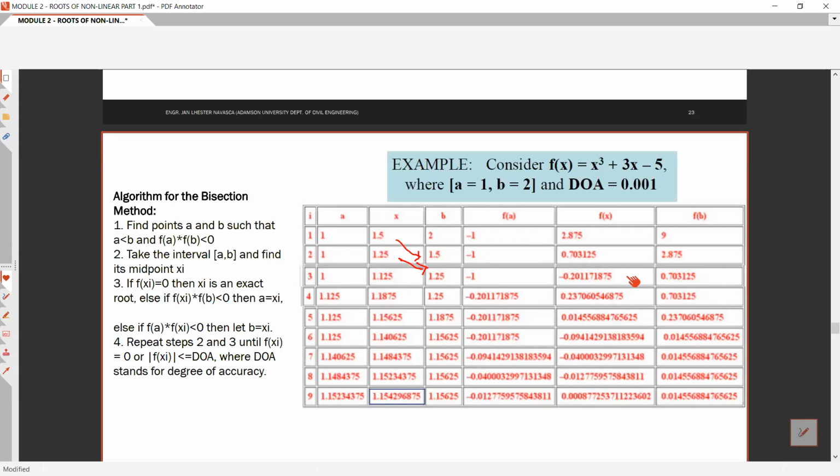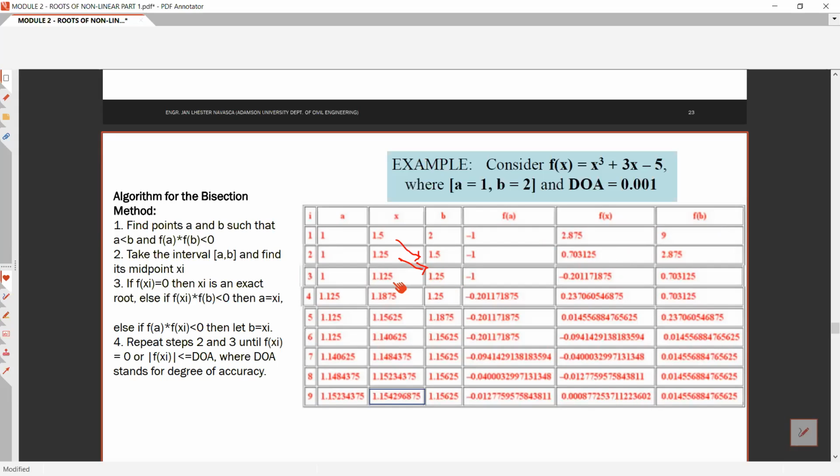Therefore, ano yung conclusion na pwede natin mangyari kapag ito na? Anyone? Therefore, yung root po is between your x and your b, between 1.125 to 1.25.